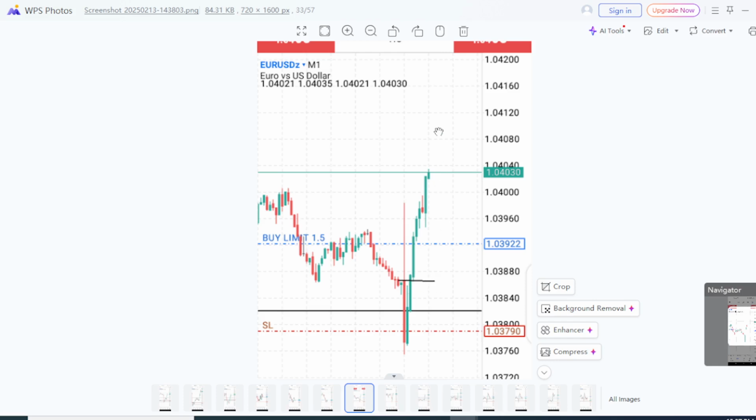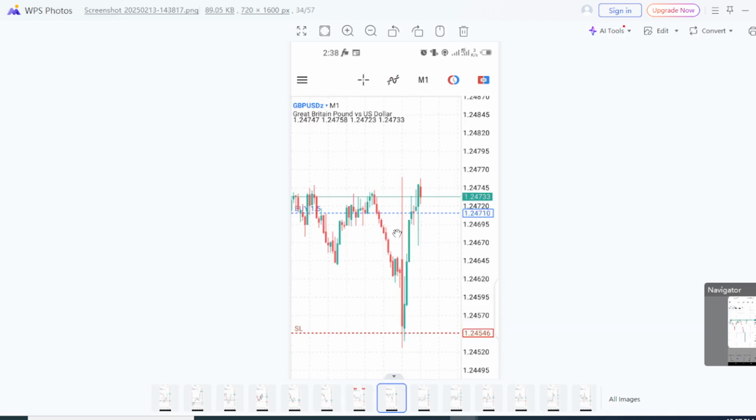That is another secret. Because I was busy, I just set a limit. I don't have time to watch the market from this level. I just set a limit, then I leave the trade.